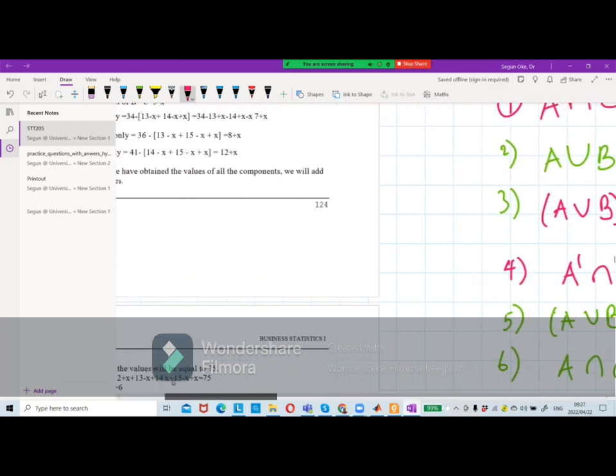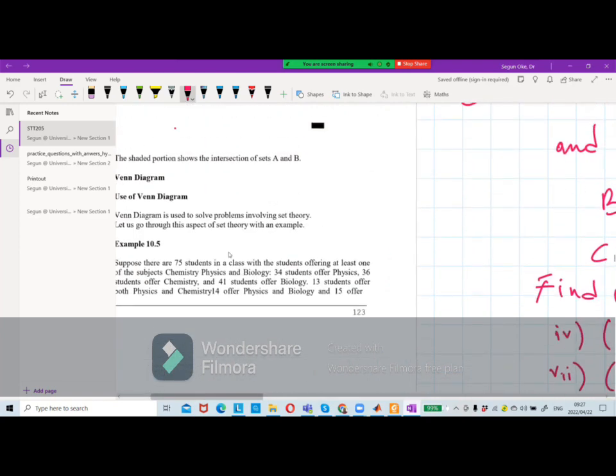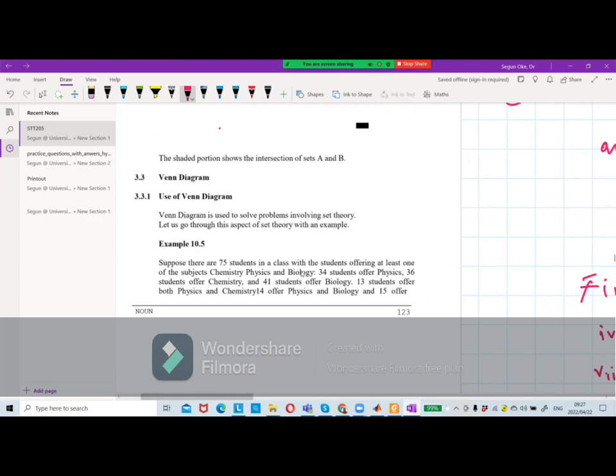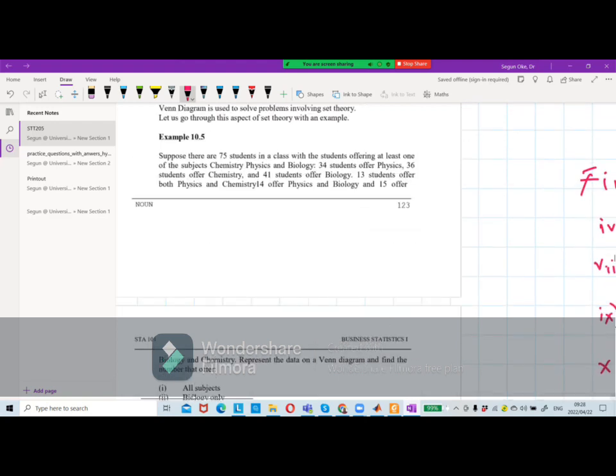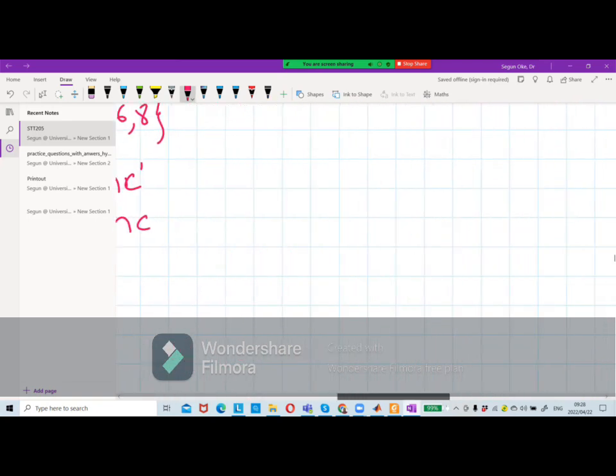so let's look at the question again. The total is 75, but from here, we have some students that offered two subjects. So for us to solve this one, we first of all need those, before we calculate those that offer physics only, because out of people that offer physics only, the people that have three subjects will also be there.